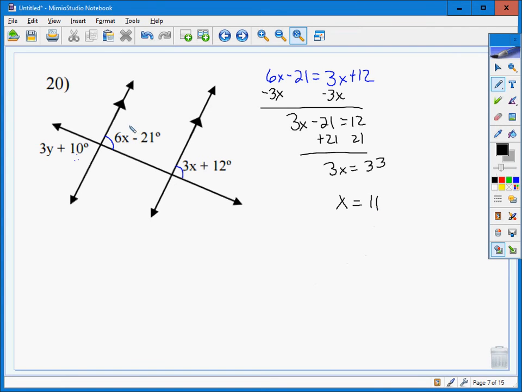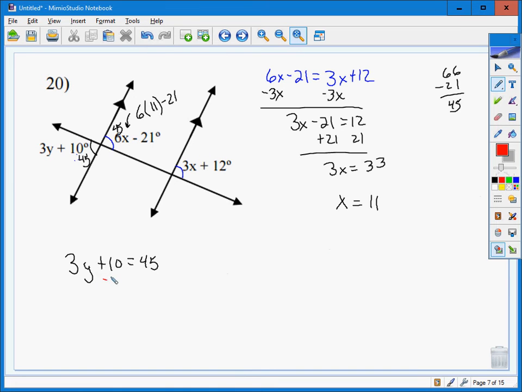If I plug that 11 back in, I would have 6 times 11 minus 21. 66 minus 21 is 45. So I know that this angle is 45 degrees, and this angle would also be 45 degrees, which means my equation is 3y plus 10 equals 45.